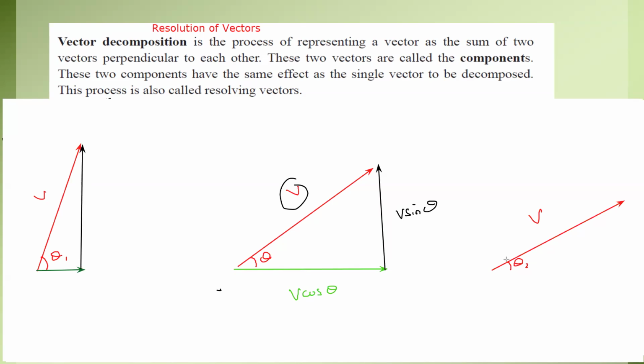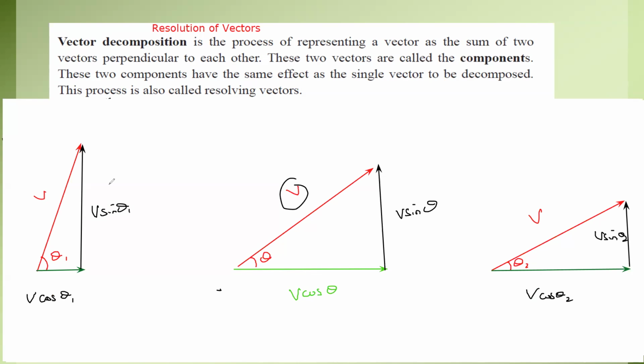Same way, this one is representing the horizontal component, and this one is representing the vertical component. So what you will find, this will be equal to V cosine theta 1, and this will be equal to V sine theta 1. This will be equal to V cosine theta 2, and this will be V sine theta 2.